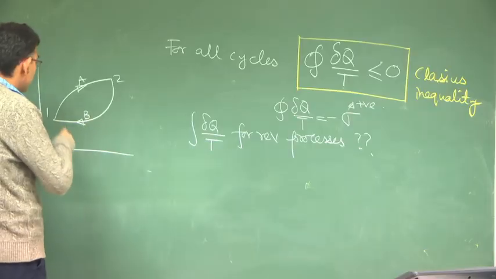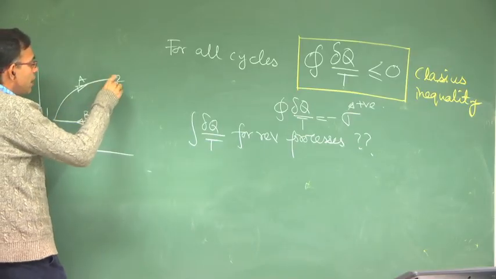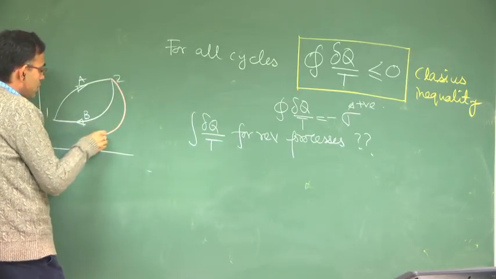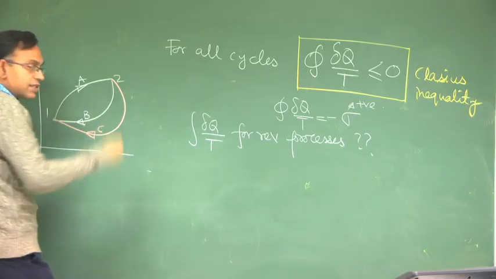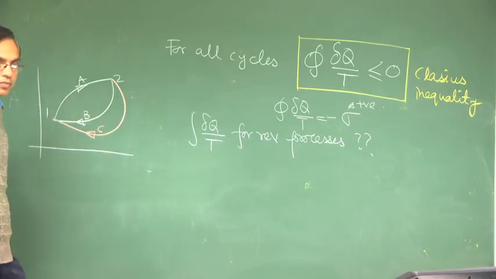In another case, from 1 to 2 via path A and then from 2 to 1 via path C. All are reversible paths.